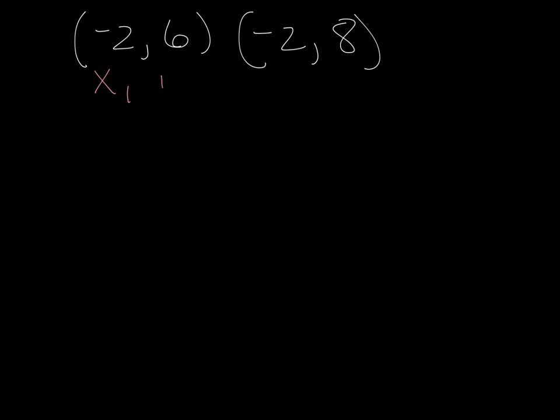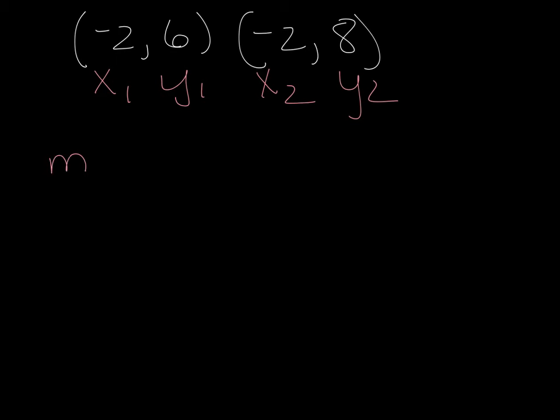Okay, a couple more examples. So next one, if my 2 points are -2, 6 and -2, 8. All right, so let's label our points: x sub 1, y sub 1, x sub 2, y sub 2.